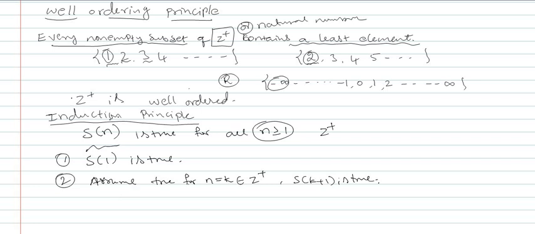So assume that n equal to k is true, and prove that S of k plus 1 is true. Then the conclusion is S of n is true for all n belonging to Z plus. This is the induction principle.